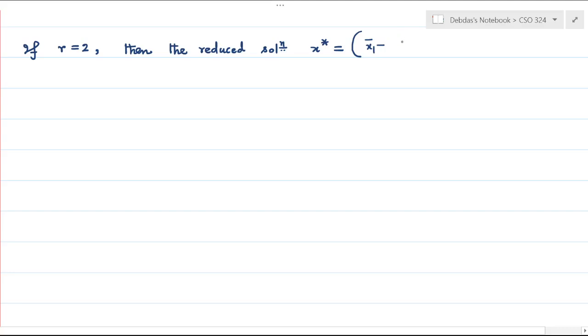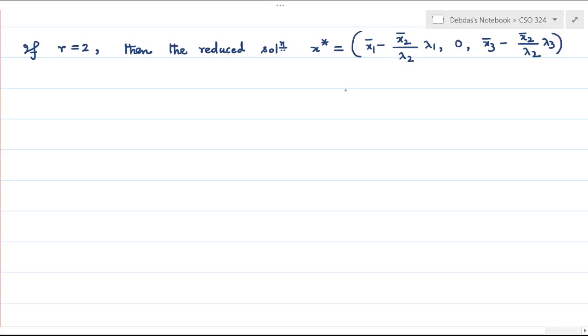So xr bar means x2 bar divided by lambda 2 into lambda 1 here. As r equals to 2, so this second component will be 0. Third component will be x3 bar minus xr bar divided by lambda r into lambda 3.